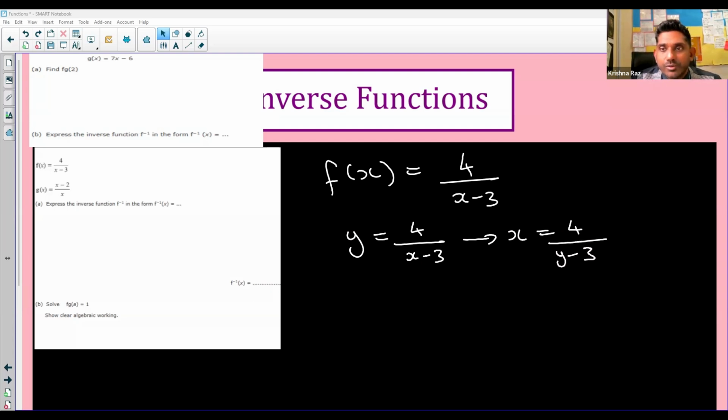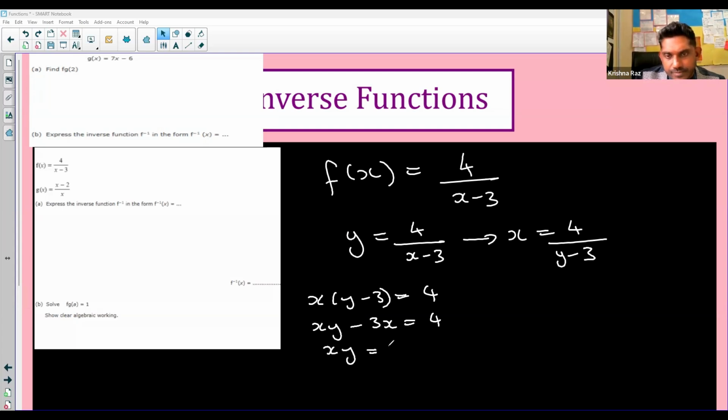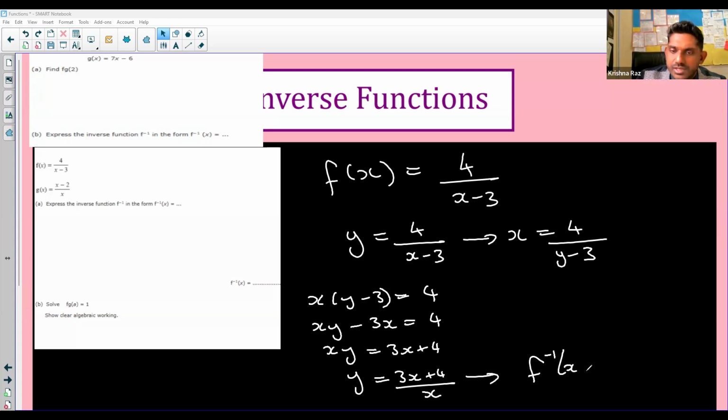And now we make y the subject, which is going to be a bit harder here. So we need to multiply this up, expand the brackets, and then move the minus 3x to the other side. Finally divide by x. And we've got an answer. So the inverse is 3x plus 4 over x.